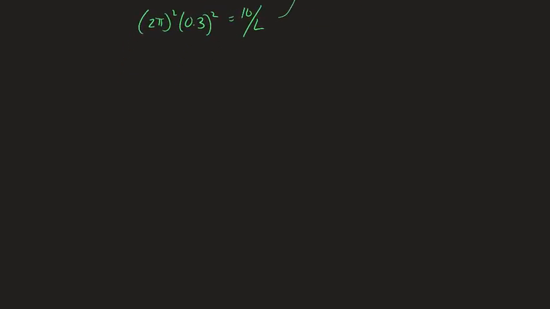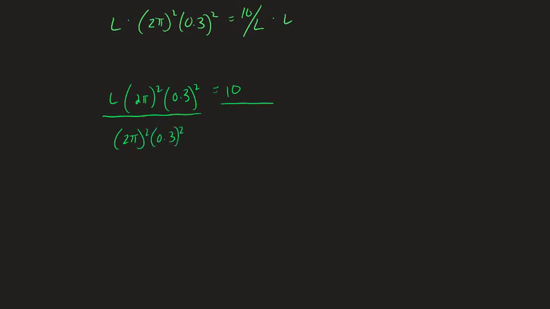If I want to get L by itself, one way to do that would be to multiply both sides by L, and then divide both sides by everything else. Is that good? Yeah.